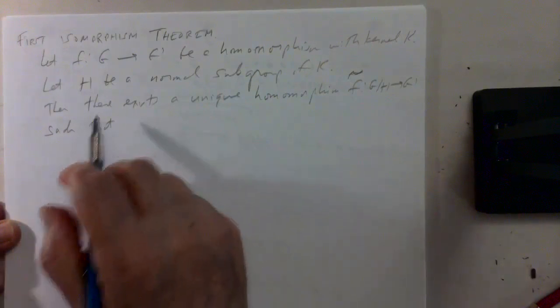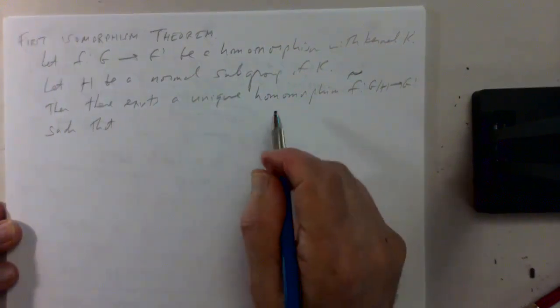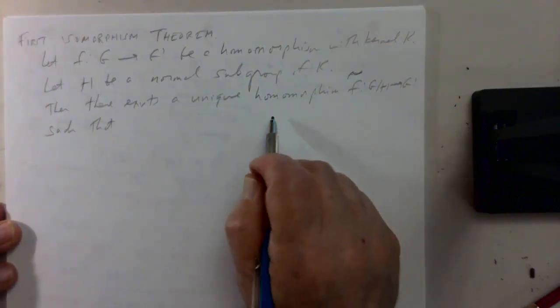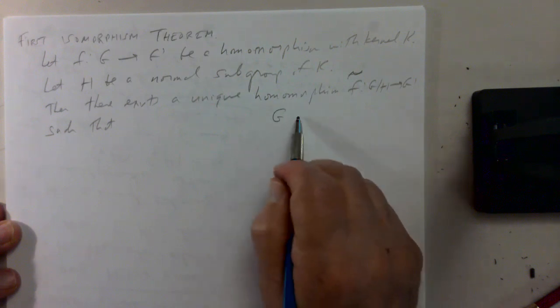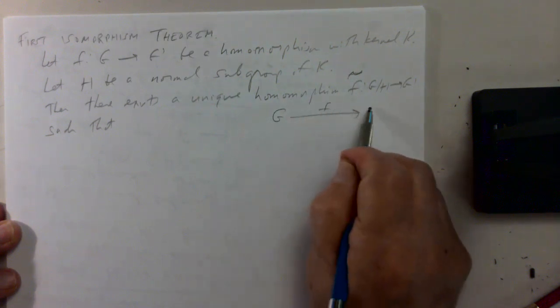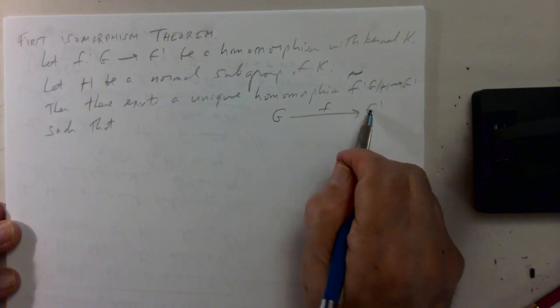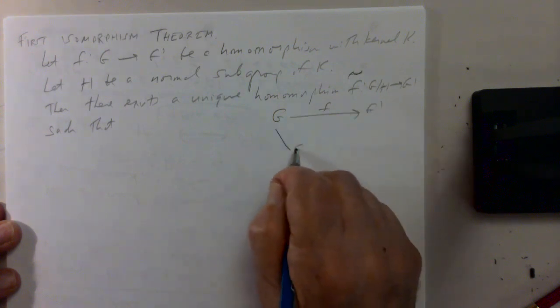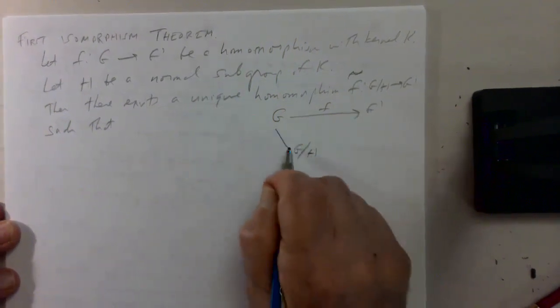the following is true. Let me draw a picture and then it's clear what the statement means. Here is G. We have a homomorphism to G prime. We have a normal subgroup H contained in the kernel.